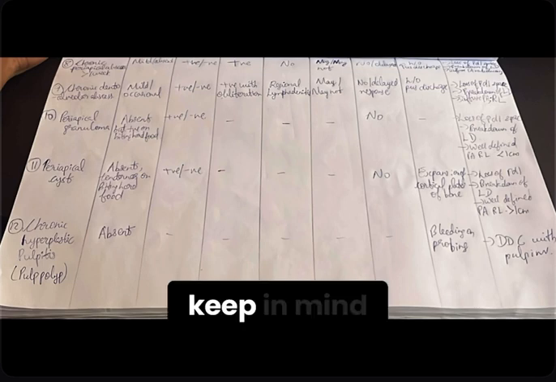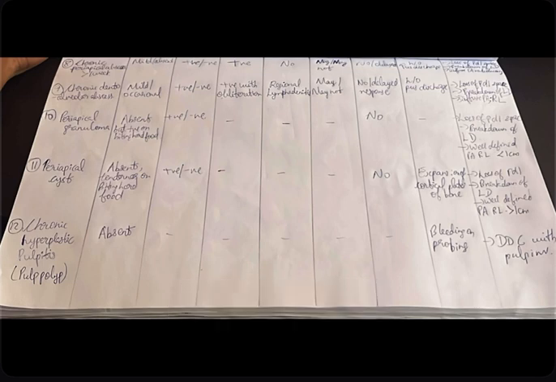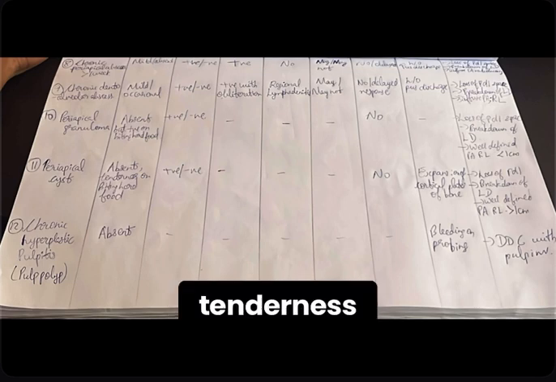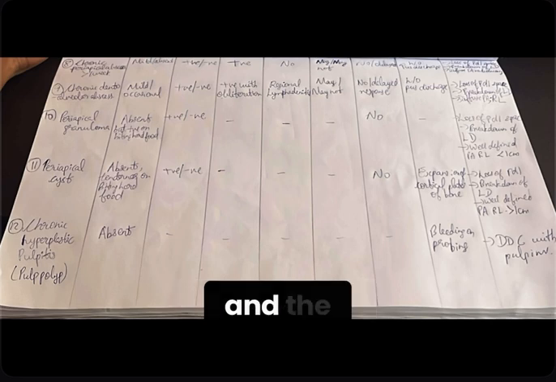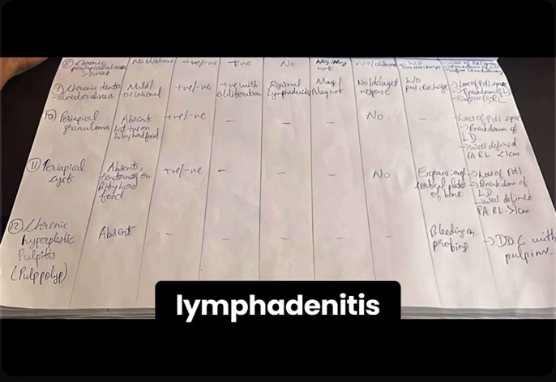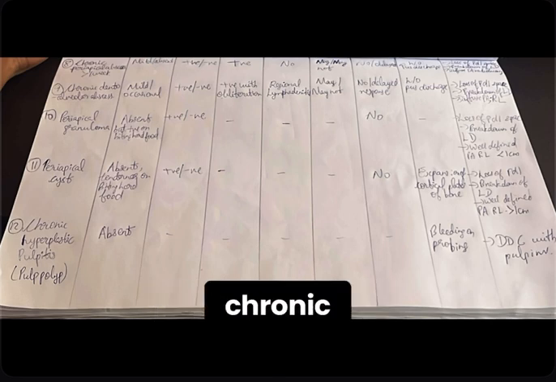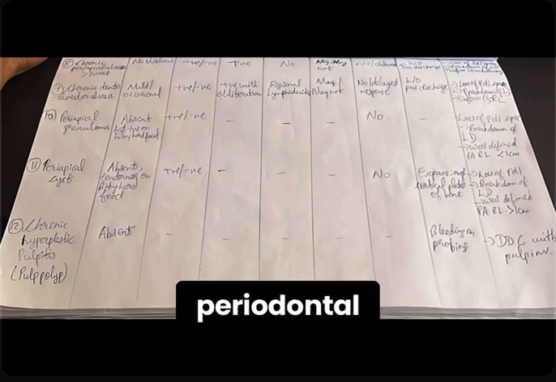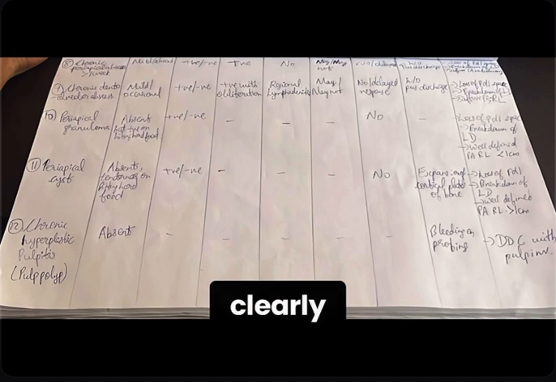So the main thing to keep in mind is the pain, the duration, vestibular tenderness with obliteration, and the regional lymphadenitis. In the radiographic feature of chronic dentoalveolar abscess, there is loss of periodontal space, breakdown of lamina dura, and diffuse periapical radiolucency.